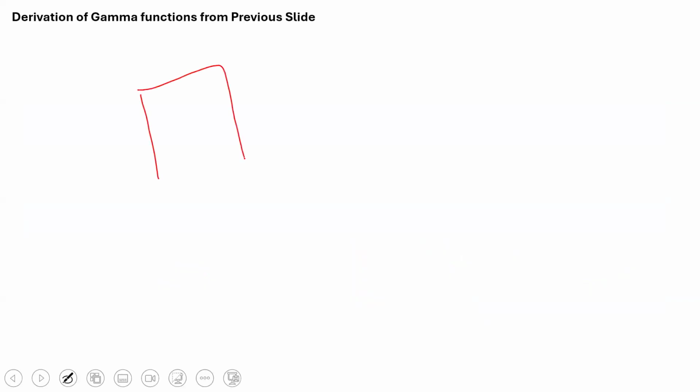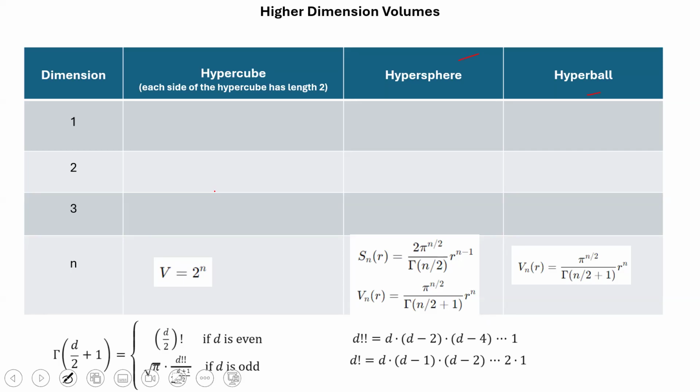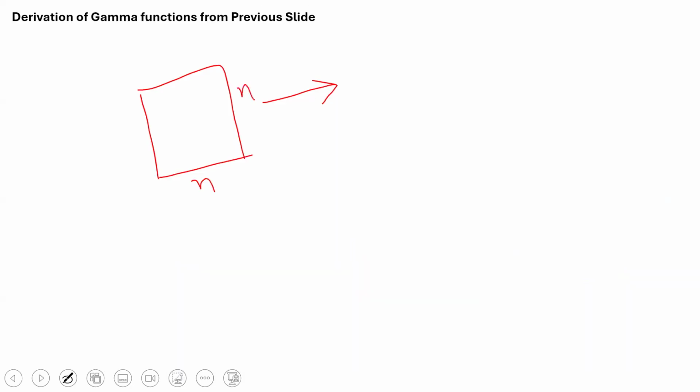If you take the square, and I call its side n, what is the area of this? What is the volume of this square? Volume is nothing but the area inscribed within the diagram, so in 2D, volume is equal to area.